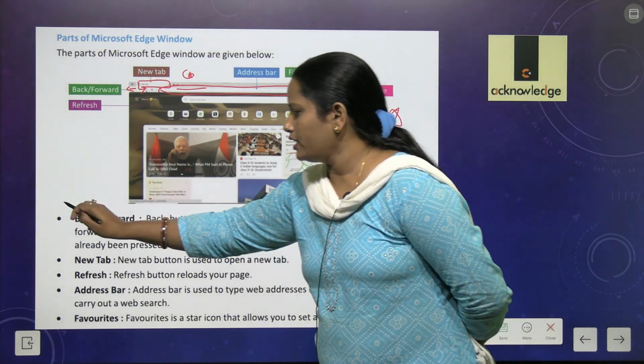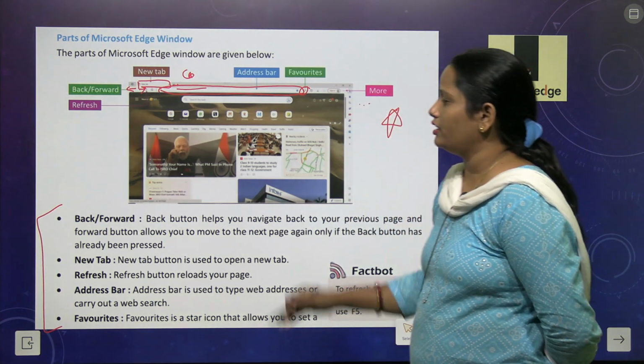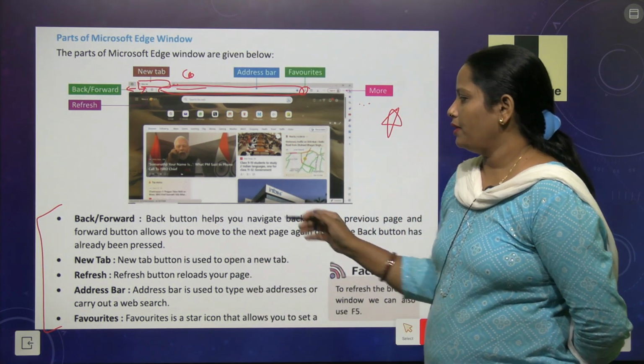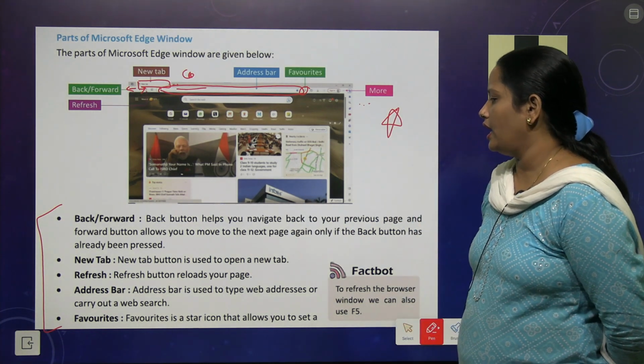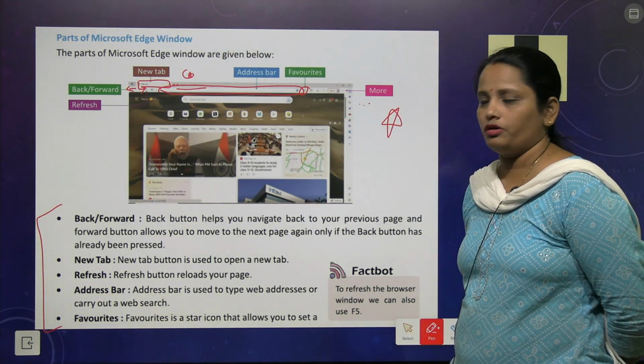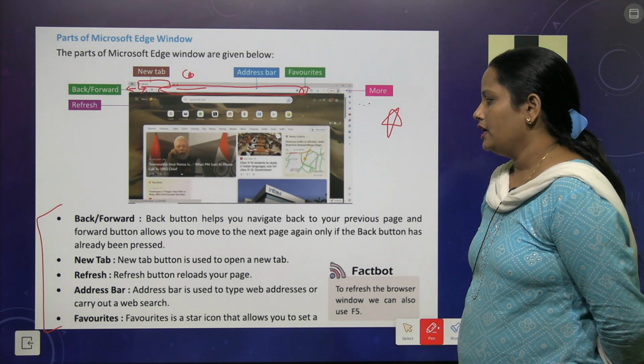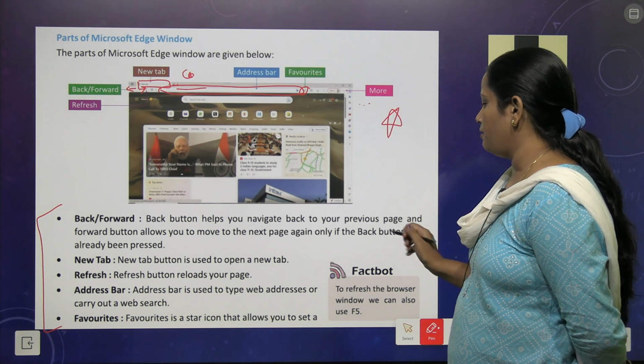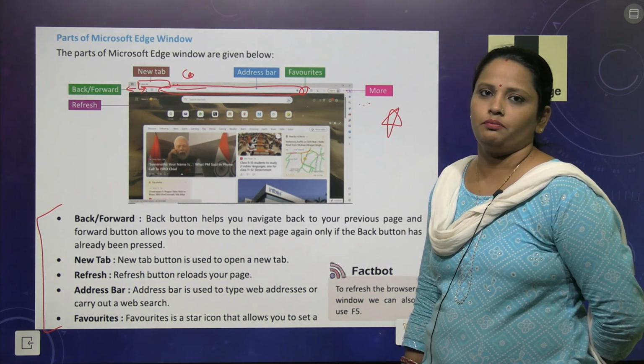Okay, here are the things related to the back and forward buttons. The back button helps to navigate back to a previous page, and with the forward button we can navigate to the next page again, only if the back button has already been pressed.